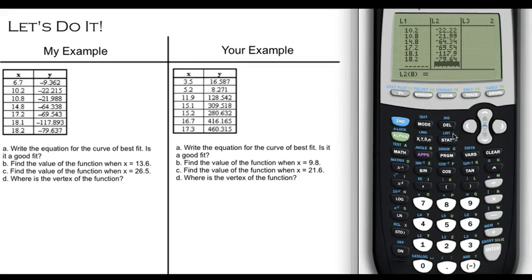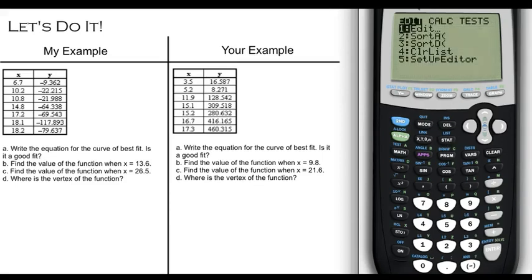So I'm going to go back to the stats menu. So I press the stat button. Now I want to make a calculation, so I go over to calc, and this time I want 5, a quadratic regression. And if I hit enter, in your case, you'll probably have to scroll down to where it says calculate.